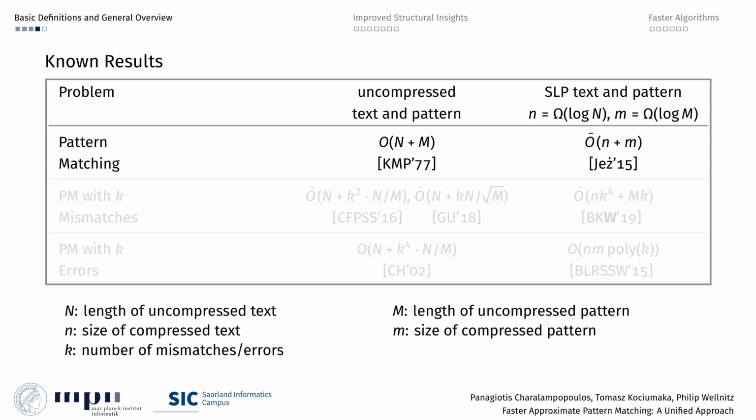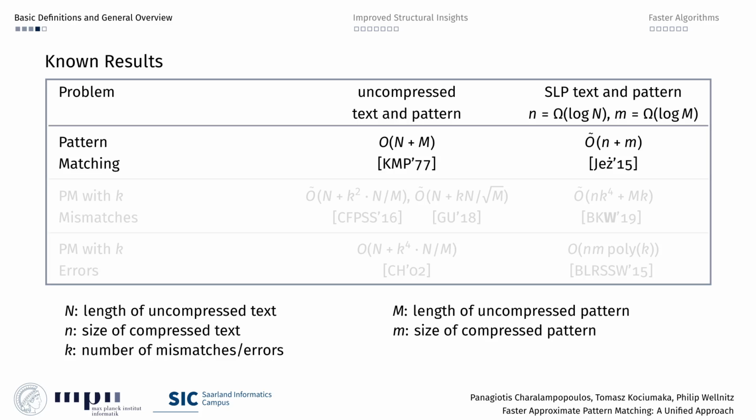Again, we are not the first ones to study pattern matching of grammar compressed strings. Here are some flagship results. For the exact pattern matching case, a breakthrough result by Jez showed that there is hope for algorithms that don't first decompress the SLPs. He presented an algorithm running in time roughly linear in the compressed sizes.